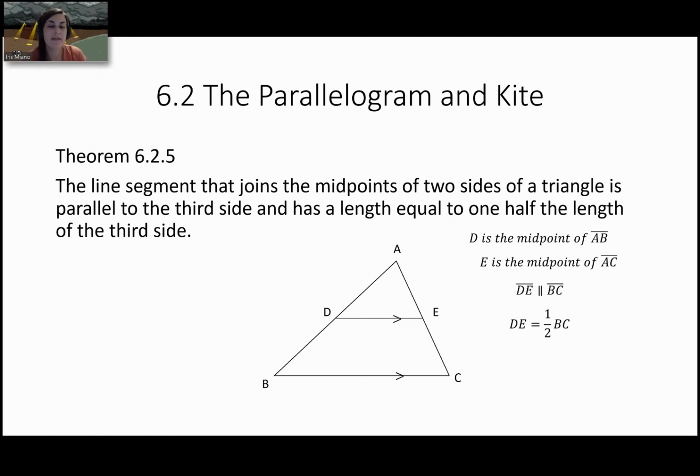Then you can state that these lines are parallel to one another, and that the line segment joining the two midpoints, DE, is exactly half of its parallel counterpart edge, which is the base in this particular illustration.